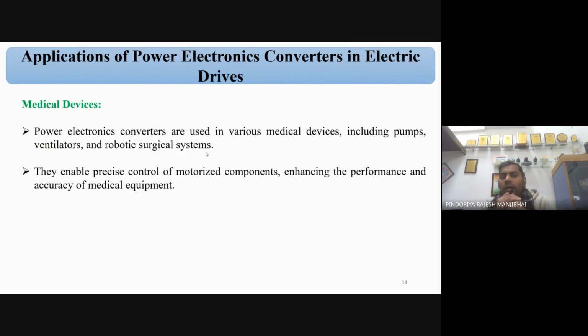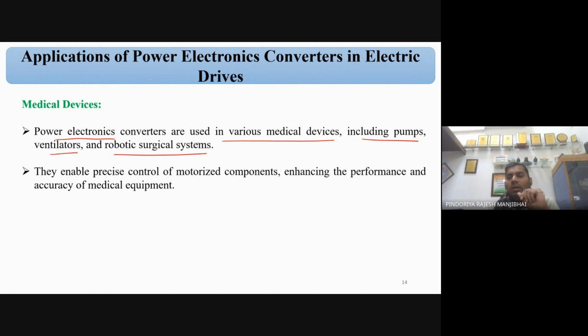Okay, and medical devices. Yes, nowadays medical devices play a critical role in our life. Okay, we don't know about our life situation. Correct. So power electronics converters are used in various medical devices, including pumps, ventilators, robotic surgery systems, and everywhere.